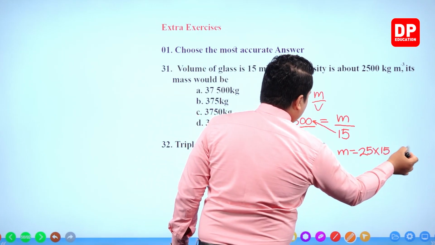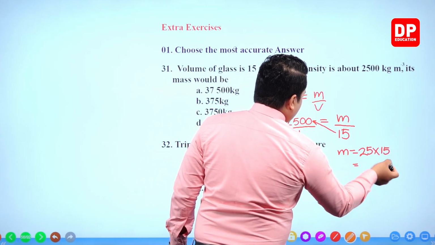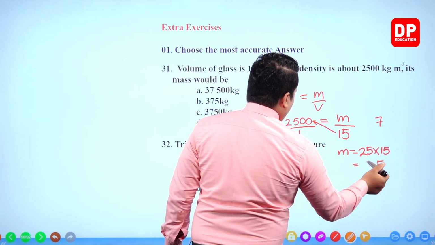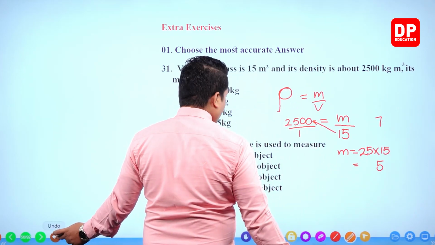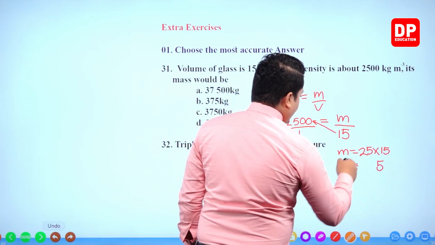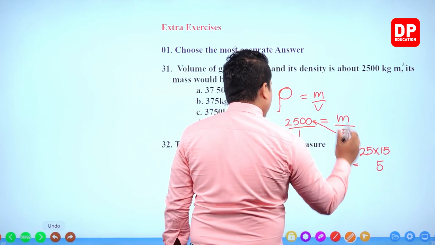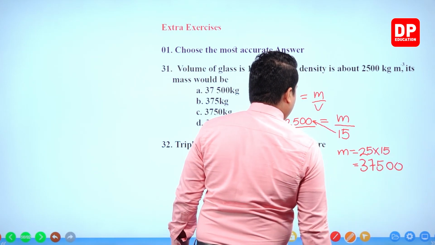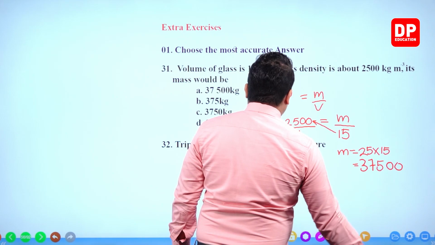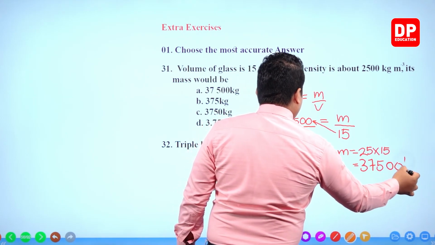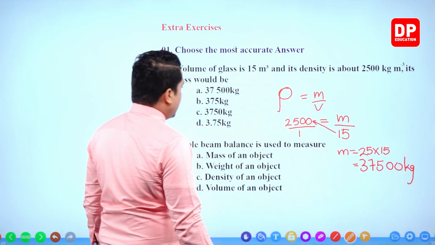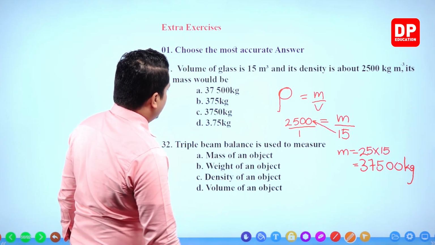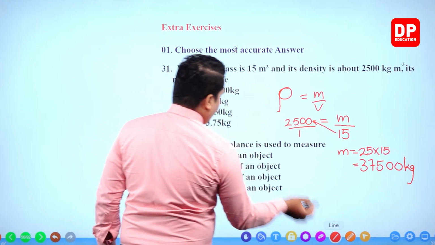Then you put 2 zeros behind it. 15 times 5 is 75, 5 and 7 is left over. 15 times 2 is 30, plus 7 is 37. Then put 2 zeros at the end. So the answer would be 37,500 kilograms.